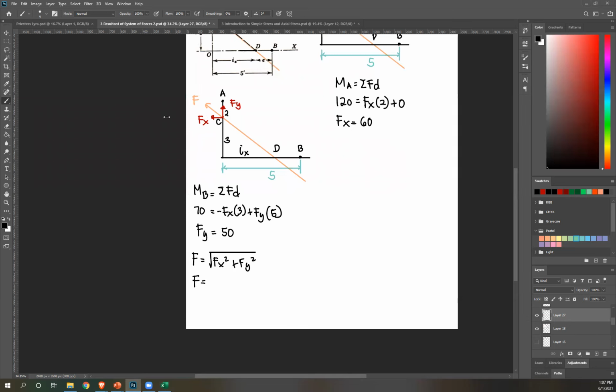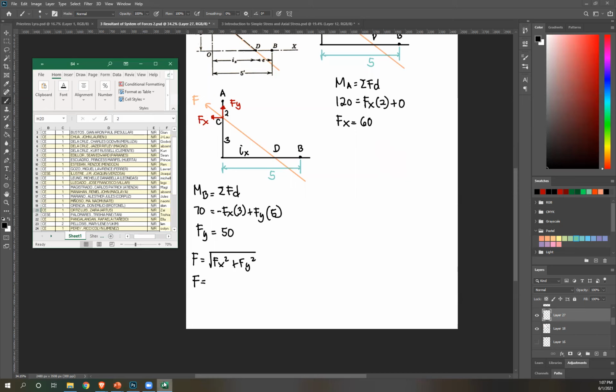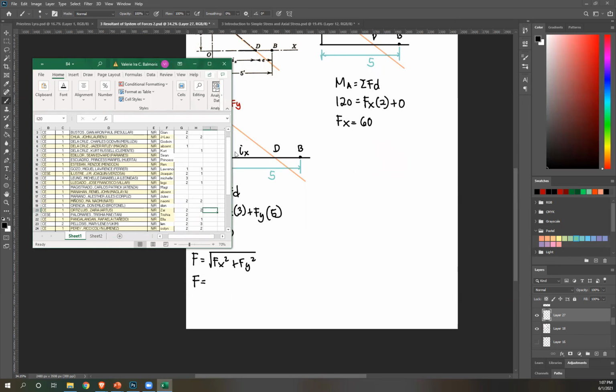Correct, Rafaela and Kurt, Malana and De La Cruz. 78.10.